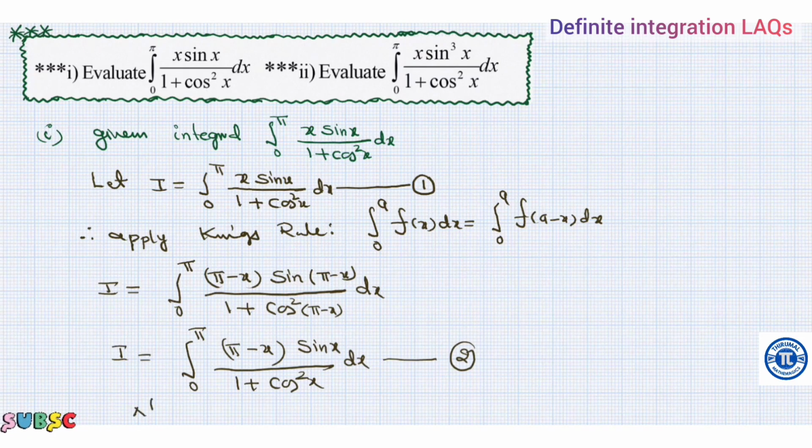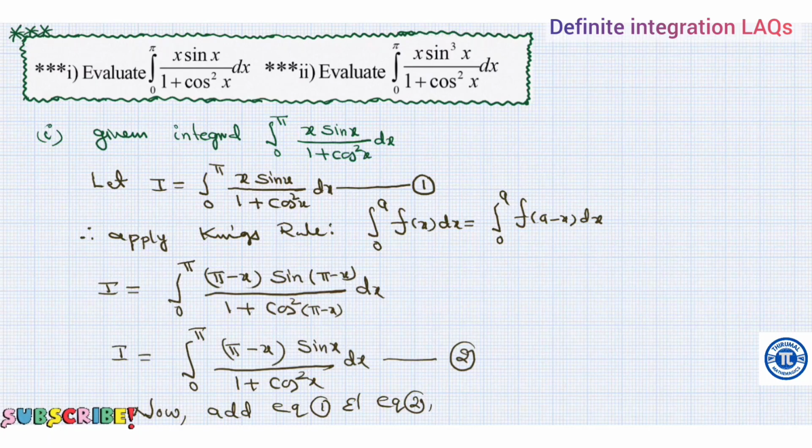Now add equation number 1 and 2. Then we get on the left side I plus I, equal to integration 0 to pi.